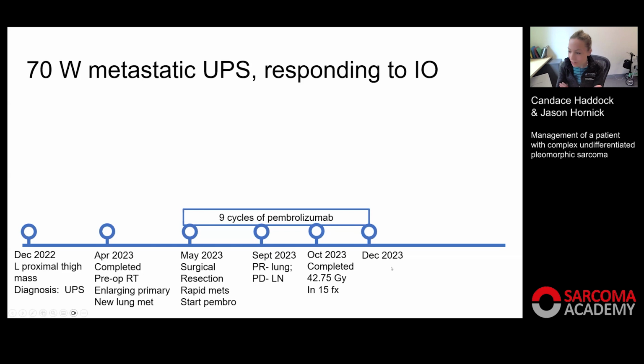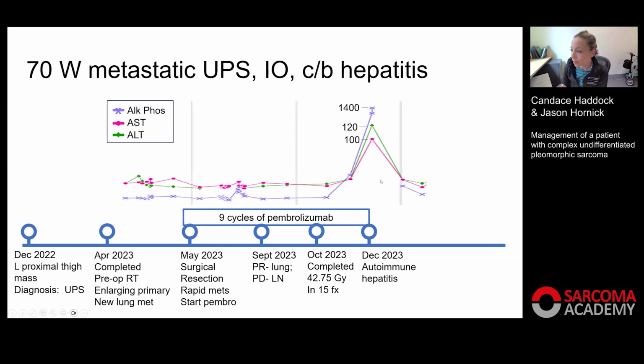So the patient got through radiation that did offer good control to that left pelvic mass, and she continued on pembrolizumab. She completed 9 cycles as of December, but unfortunately had a spike in liver enzymes, with elevated AST, ALT, and ALK phos as high as 1400.